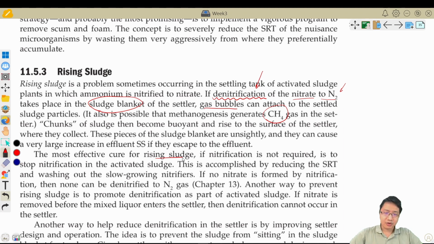If you don't need nitrification, you don't have to have a much longer SRT to convert all the ammonia to nitrate, and you don't even need the denitrification process. So you won't get nitrogen gases in your system.